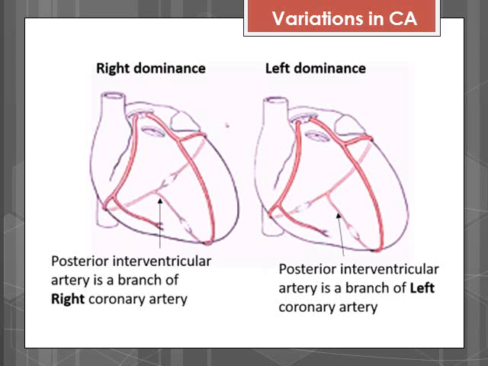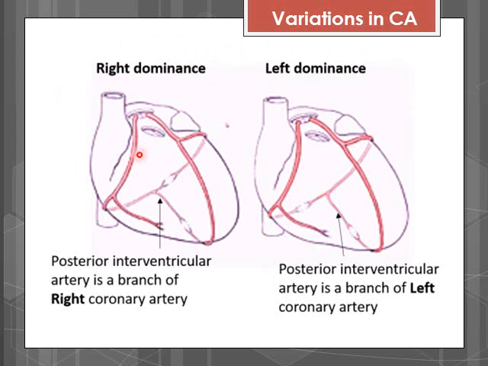Here we can see the variations in the coronary arteries. Most of the variations affect the blood supply of the diaphragmatic surface of both ventricles. The origin, size, and distribution of the posterior interventricular artery are variable. We have right dominance and left dominance.